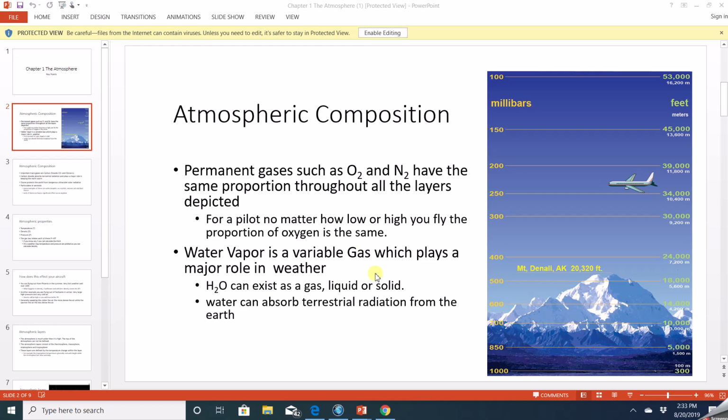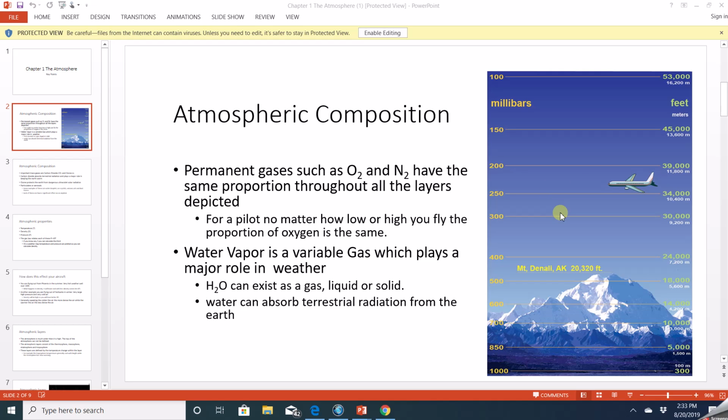You can look here. Two of the biggest gases in the atmosphere are oxygen and nitrogen. Their proportions never change. In other words, the same percentage of oxygen and the same percentage of nitrogen are here at the surface or here when you're flying a plane at 34,000 feet. However, the atmosphere thins out as you go up.